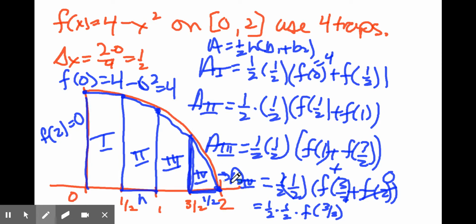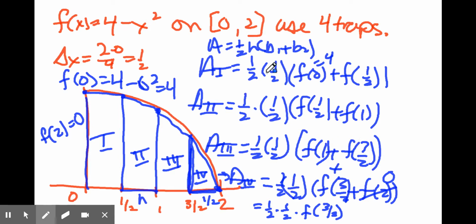So what you actually have is the area of a triangle, which is 1/2 the base, a half a unit, times the height, which is f of 3/2. It's actually not a trapezoid, it's actually a triangle, but we just did it with the trapezoidal rule. So that's how that one turns out.